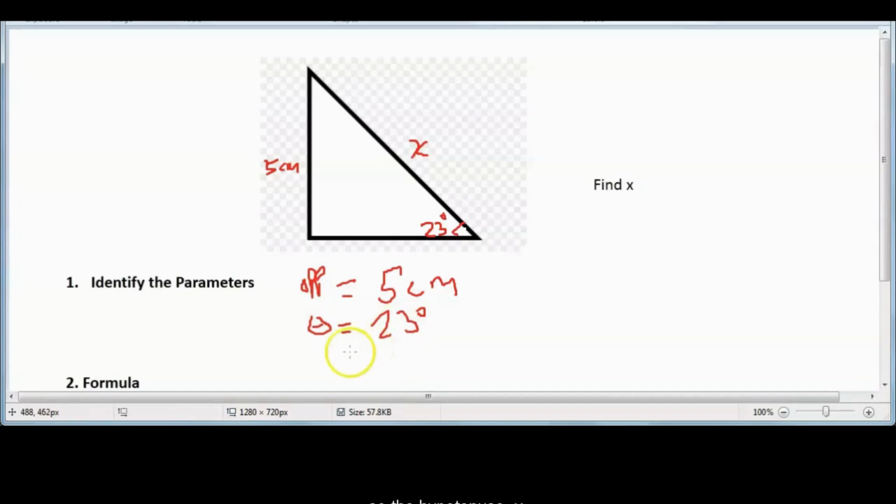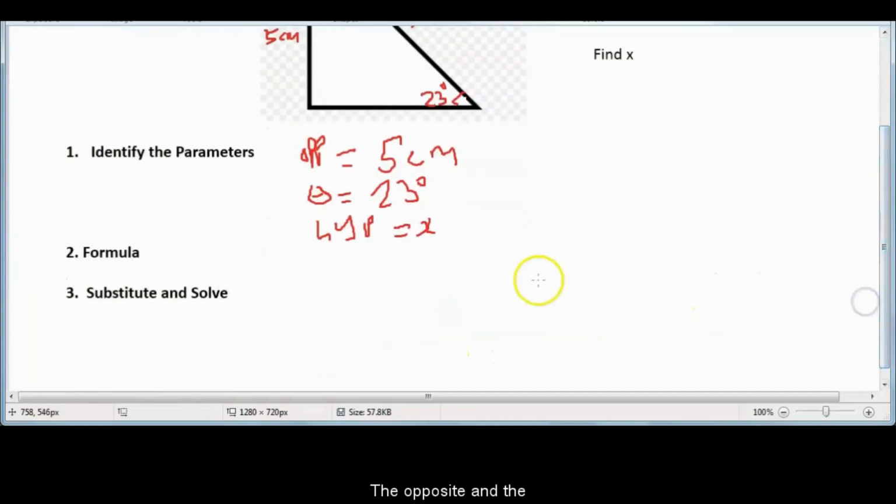So the hypotenuse x, the hypotenuse is unknown. It should remain as x. The formula now. The opposite and the hypotenuse are inclusive. So the sine formula should be used.